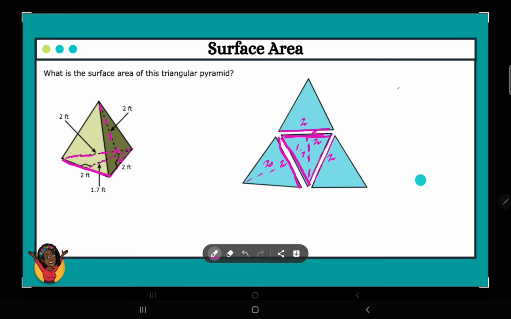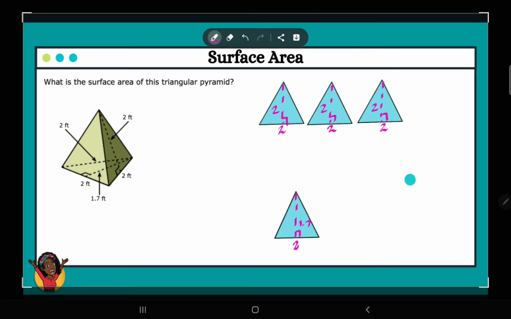So now let's go ahead and calculate the area of each of these shapes and then add those all up for our surface area. Okay, so here are the three triangles that make up the sides of our pyramid and the one triangle that was on the base. I've gone ahead and written in those dimensions as we discussed earlier.